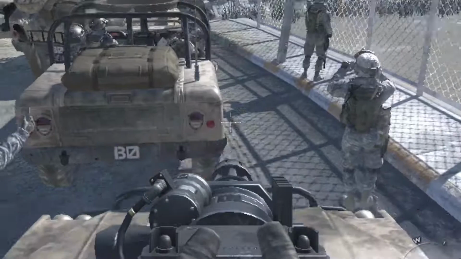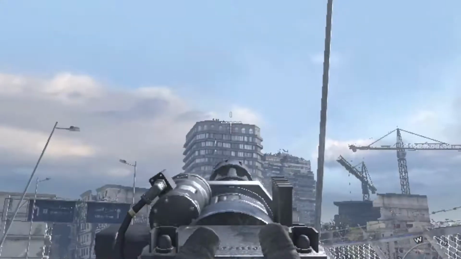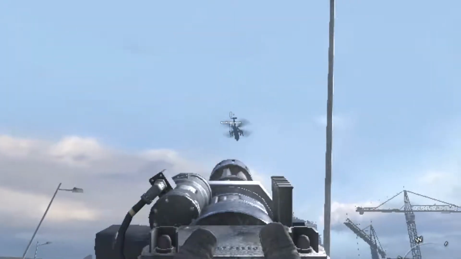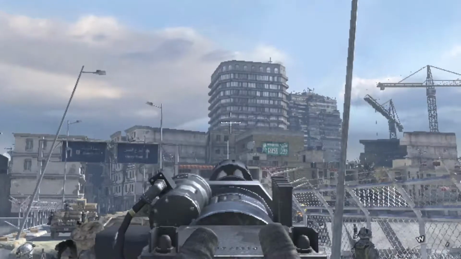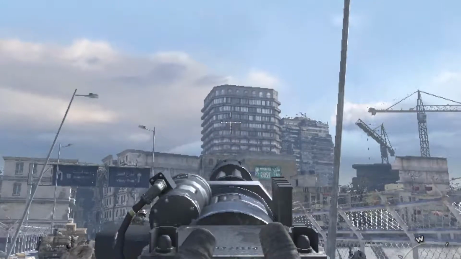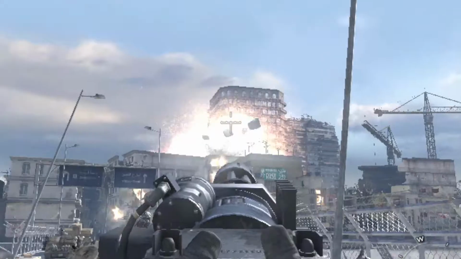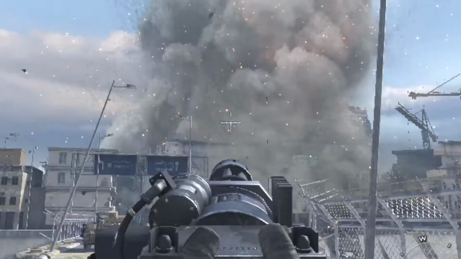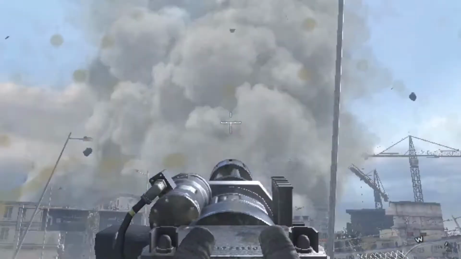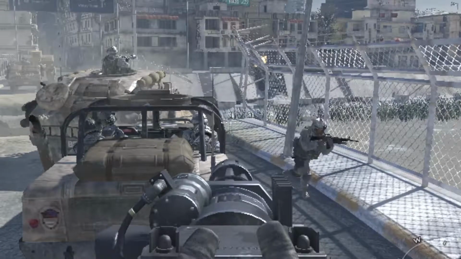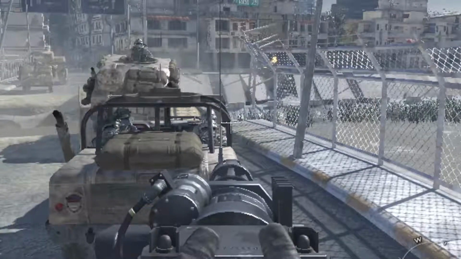Which building is it, sir? Going down. Woo!